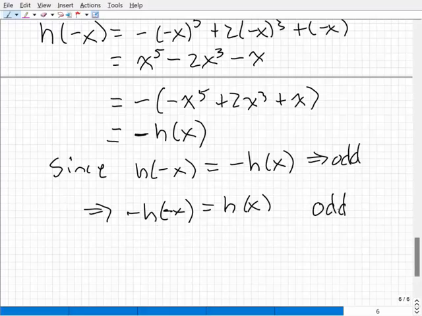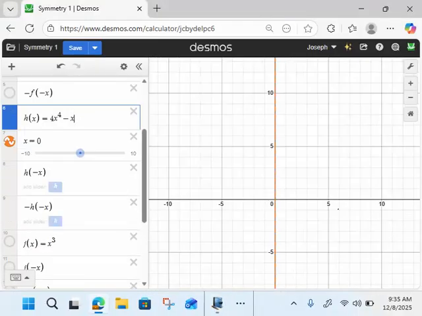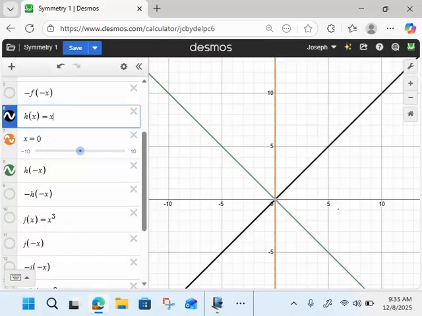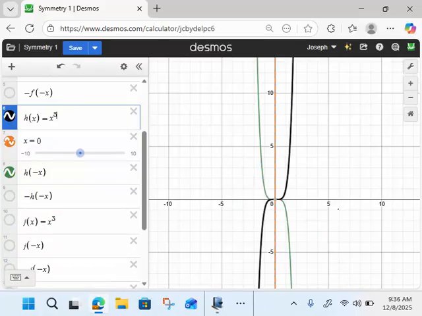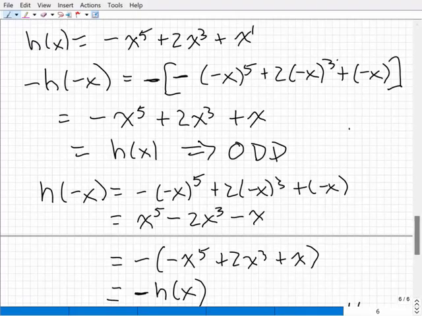Let's graph it. X to the 5th minus 2x cubed minus 1. All right, x to the 5th, and I already forgot. Where are you? Where's my function? Oh, negative x to the 5th plus 2x cubed plus x.